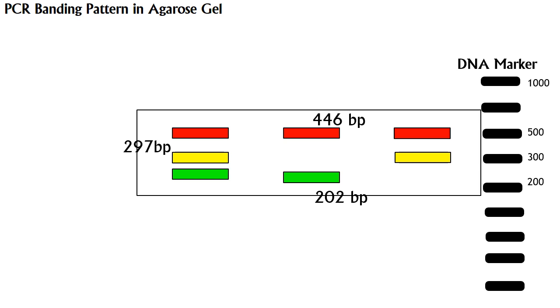On the basis of this, we can see that there are three types of product. The first product is 426 base pair from the outer primers. The middle product is 297 base pair, and the outermost is a product having 202 base pair length.